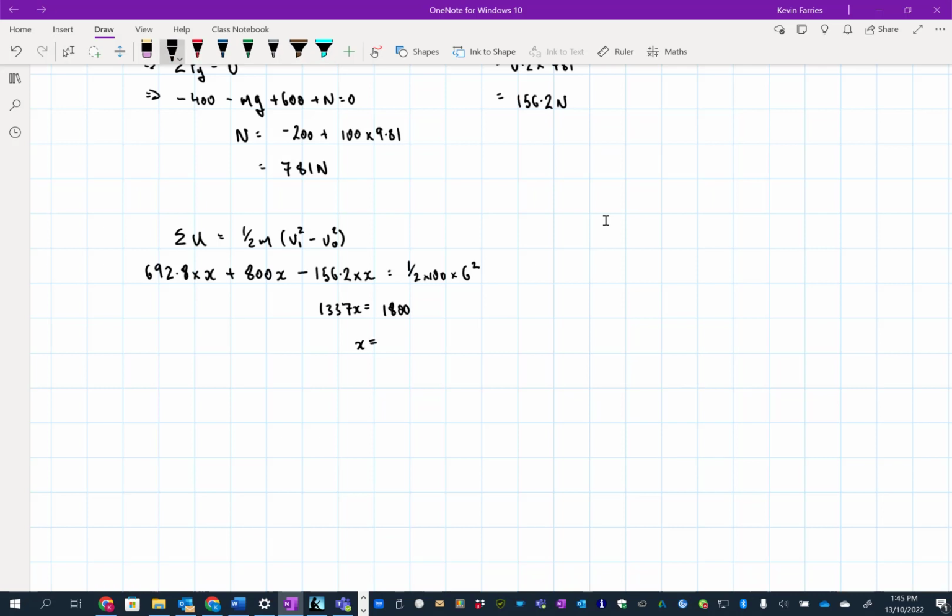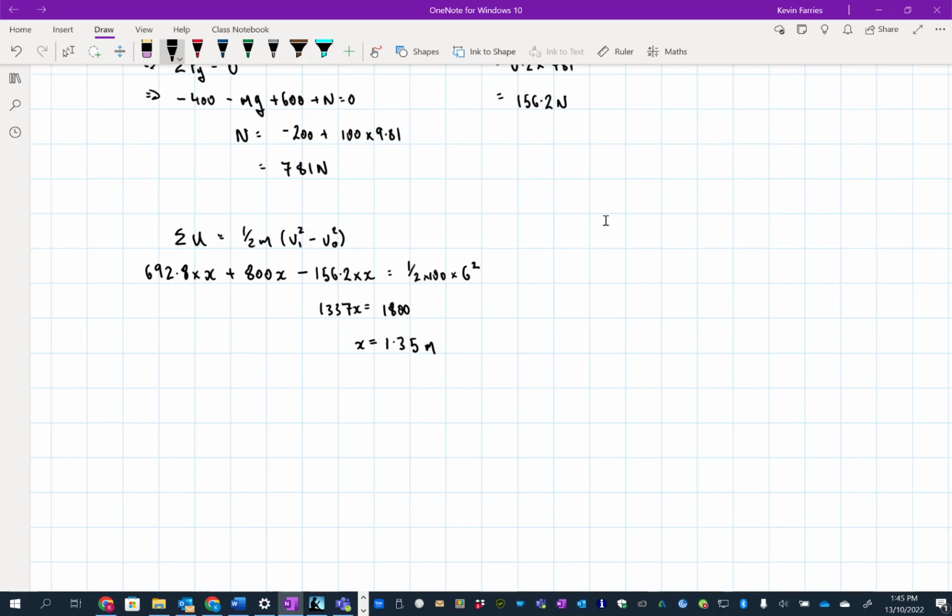The x coefficient comes to 1,337 to 4 significant figures. So x is equal to 1800 divided by 1,337, which is equal to 1.35 meters to 3 significant figures.